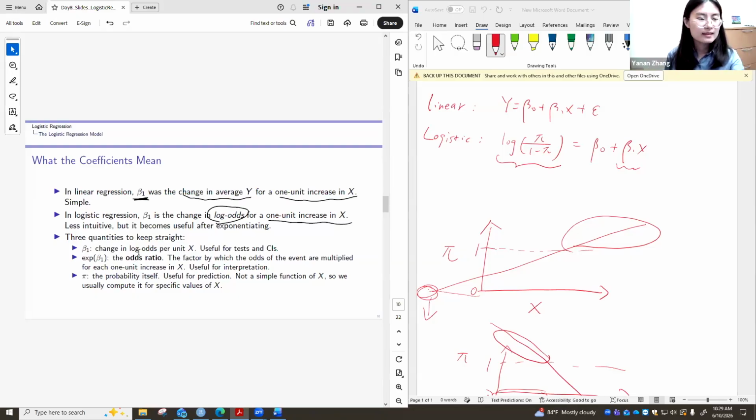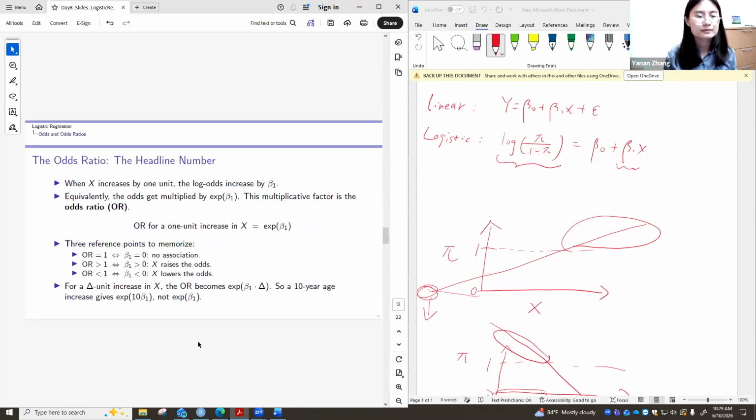And then the odds ratio is the ratio of two odds. So we can interpret it as: if we increase age by 1 year, what will the odds of coronary heart disease be multiplied by? We will look at one example shortly about how we interpret the odds ratio.